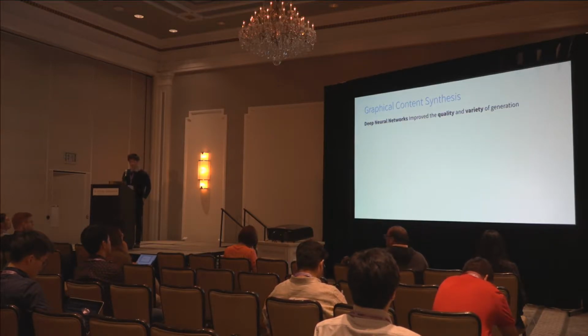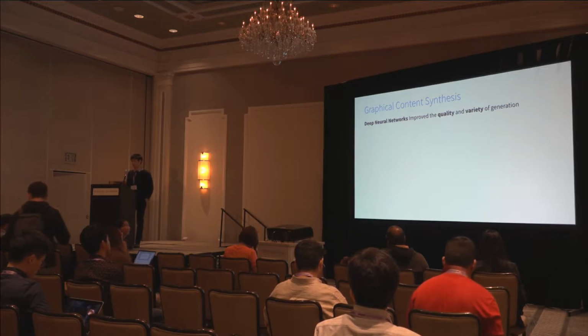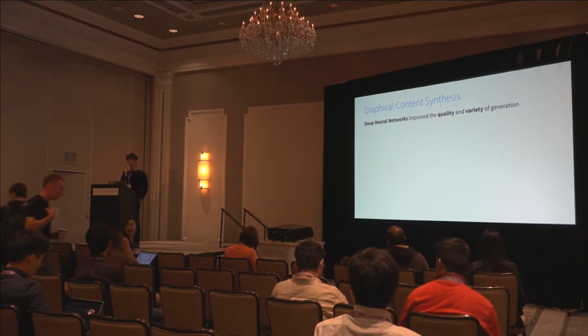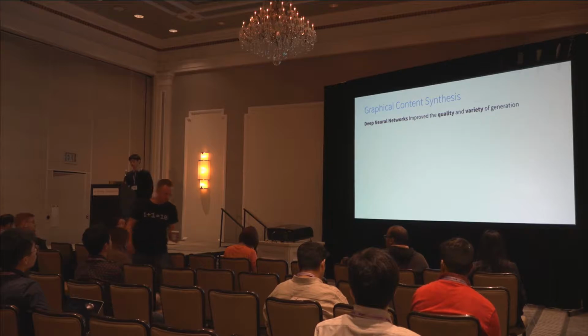On the other hand, synthesizing graphical content has gained a lot of attention in the machine learning community, especially thanks to the development of deep neural network-based generative models that improve the quality and variety of generation.